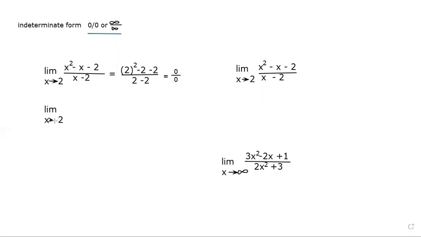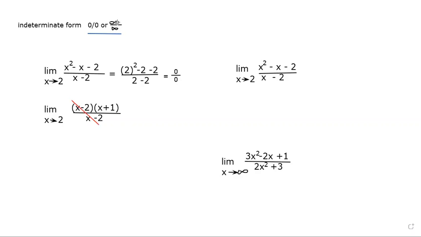So the first way we learned to solve this was by factoring out the numerator. So that's going to be x minus 2 times x plus 1 over x minus 2. Okay, so we factor that out, and then we cancel out our x minus 2's.